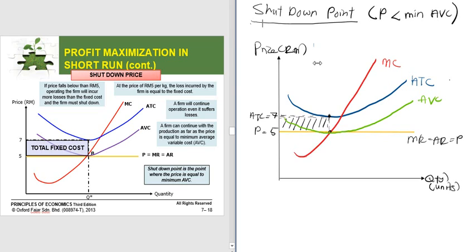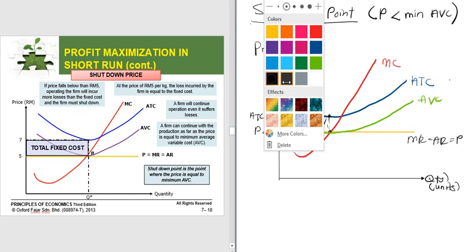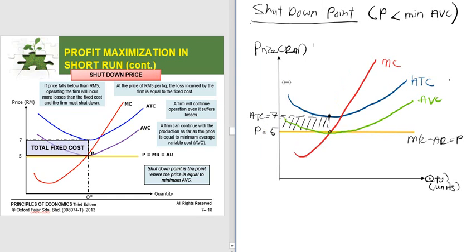From the previous topic, we have learned that the difference between average total cost and average variable cost is the average fixed cost: ATC minus AVC gives you AFC.